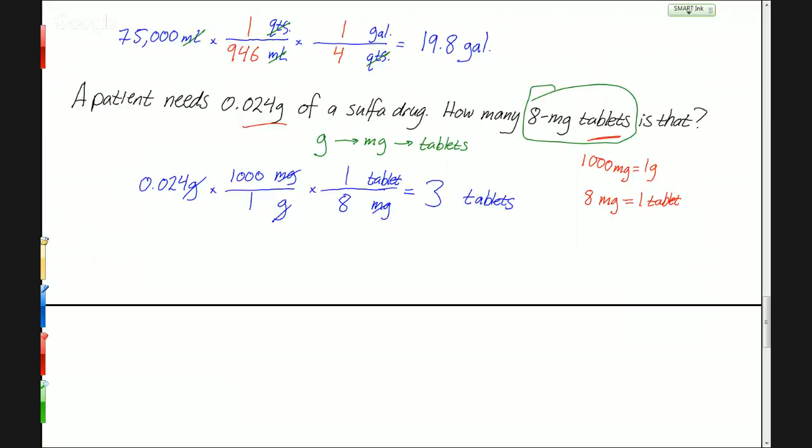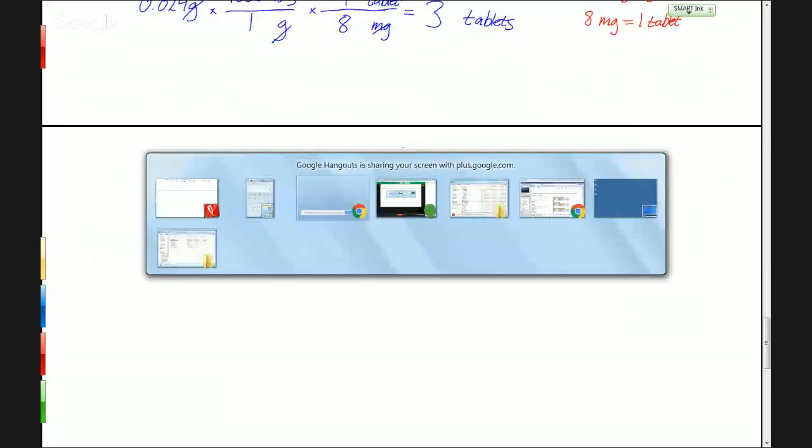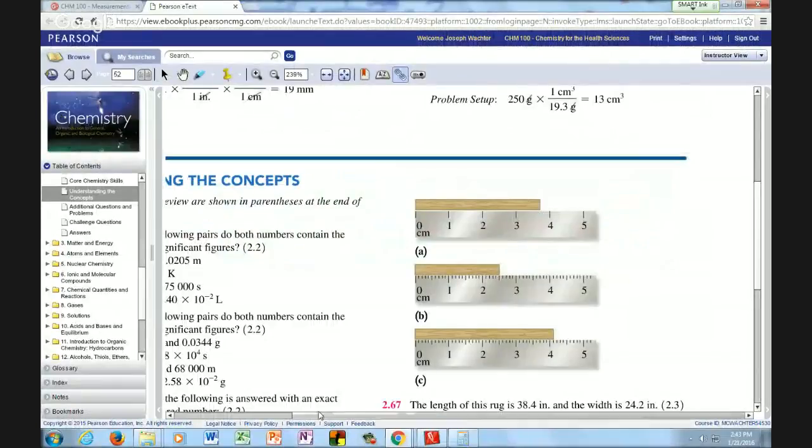All right. How's that feel so far? Good? Let's pull one of these out of the homework and see how we can work this out.